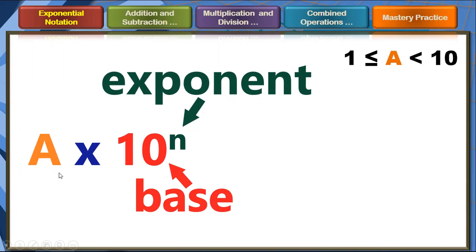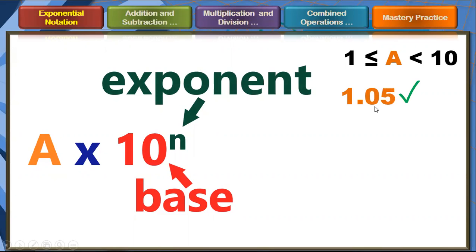So this can be 9.8, this can be 7, this can be 1, this can be 1.2, but it can't be 10.5, 11.5, or 0.1. Those numbers are beyond our range, so we cannot use them.